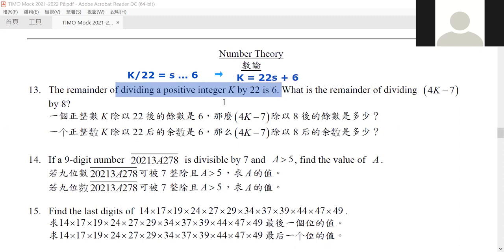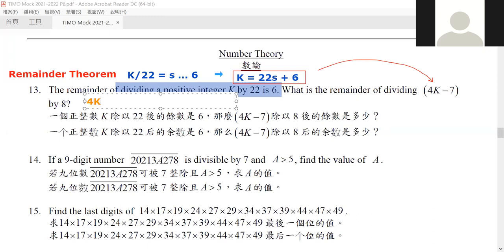This is the remainder theorem. We can rewrite a division into an equation, into a multiplication. So now let us use our remainder theorem and substitute this K into 4K minus 7.